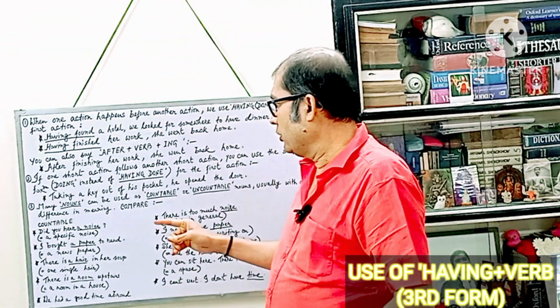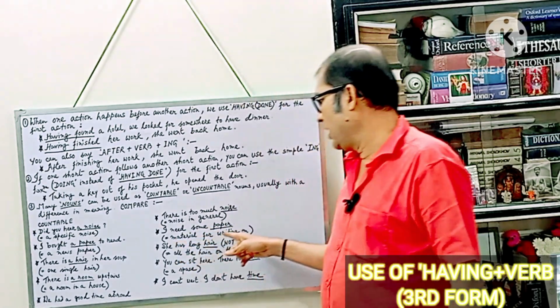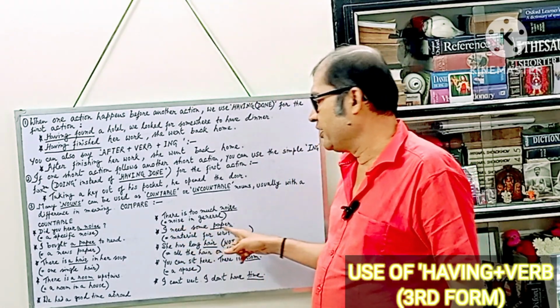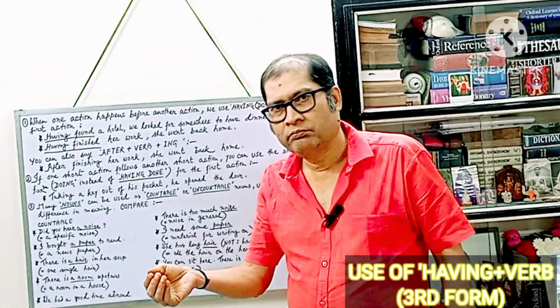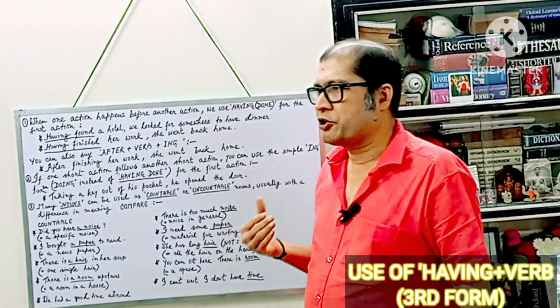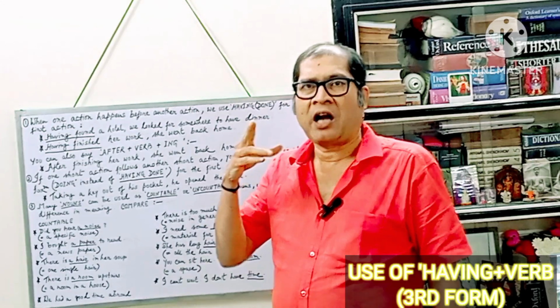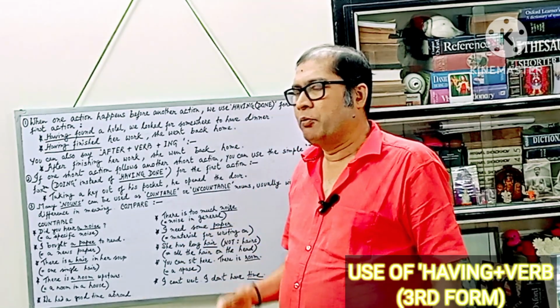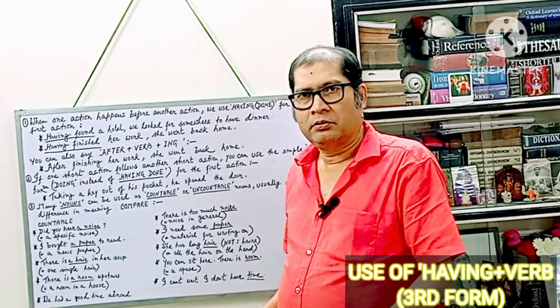But when you do not use paper as a countable noun, it means material for writing on. For example, I need some paper. Excuse me, may I have some paper? Or if you want to just use it as countably, then you have to say, please give me a sheet of paper or give me a piece of paper. There is no problem.